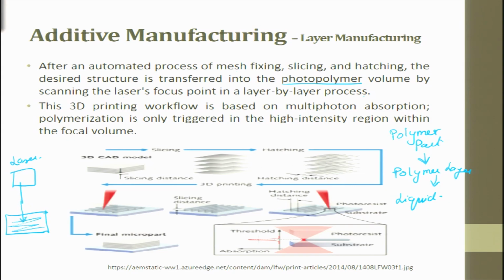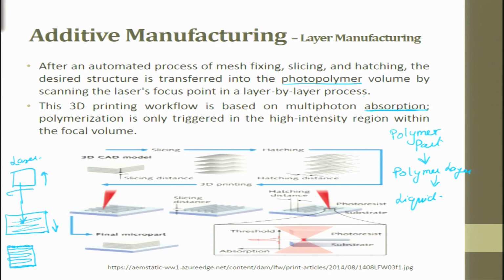So, this fellow tries to hit at a spot, and this spot alone, because of the absorption phenomena, absorbs the UV light and gets cured. If I can move, several dots can be created, and if I can make it into a hatch pattern, then it forms a complete layer. So, one layer is formed, then either I move the liquid polymer tank down or I move the laser a little up, you try to get it.